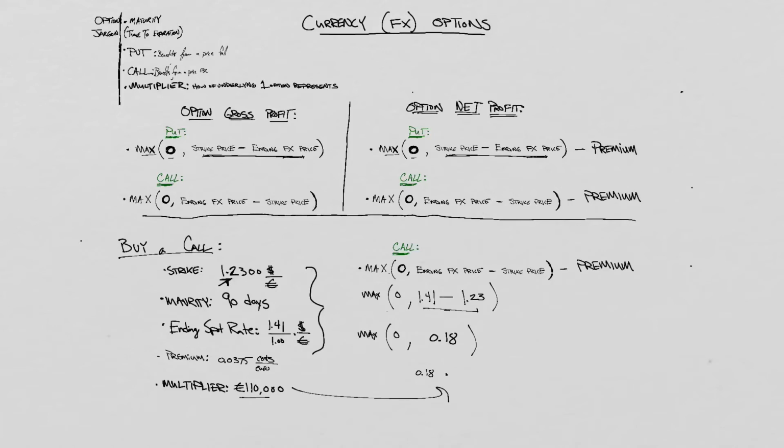The multiplier is 110,000 euros. And so, therefore, we end up with a profit of $15,675 in this scenario. So quite a large range in outcomes that can occur.